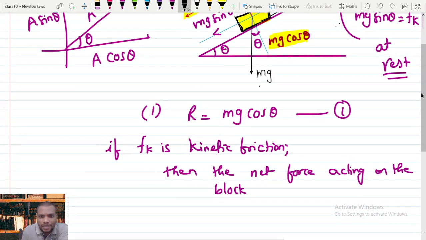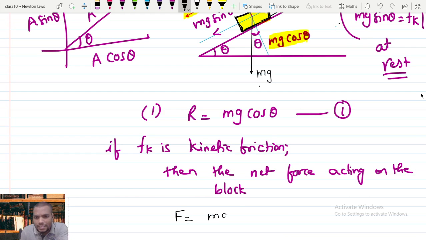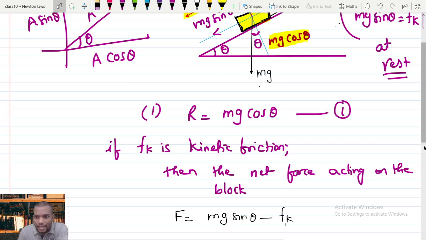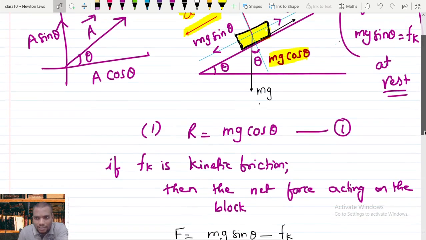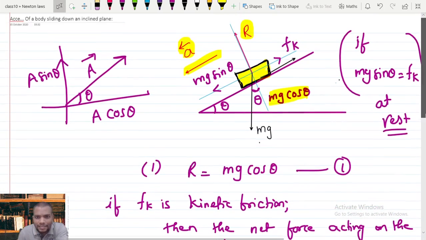So the net force F equal to mg sin theta minus F suffix k. Be careful while writing these expressions. You should write these equations by thinking with common sense.